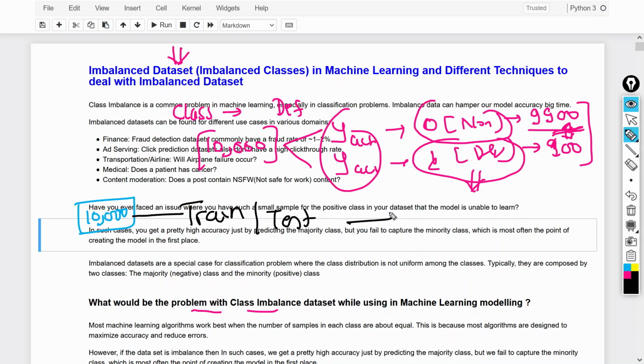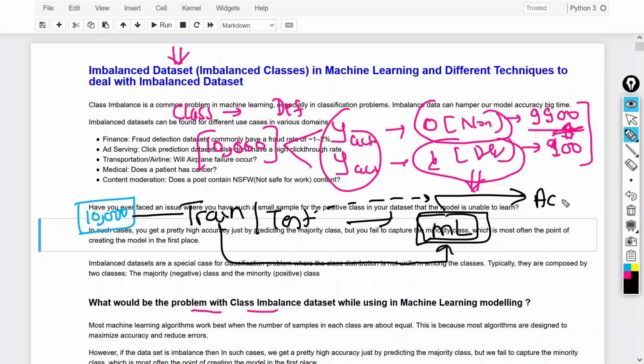Then I train our machine learning model with the training data and create the model. Now we have to check our model's performance. I use the test data and check the accuracy. Normally we check the accuracy, and my model provides 90% accuracy.